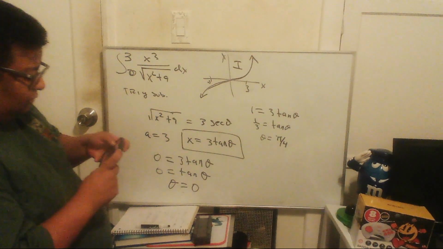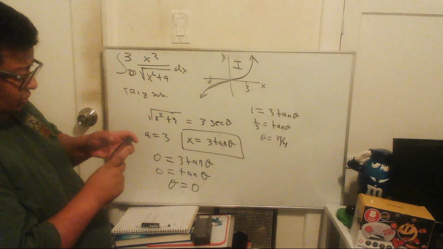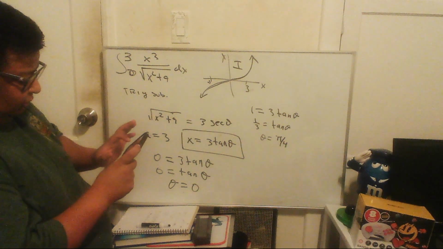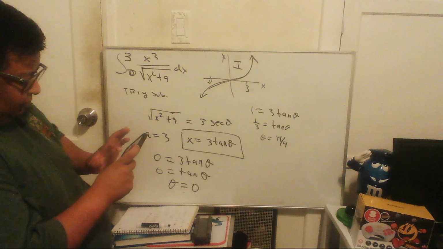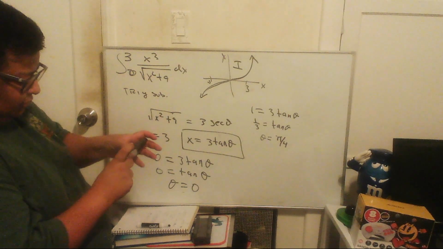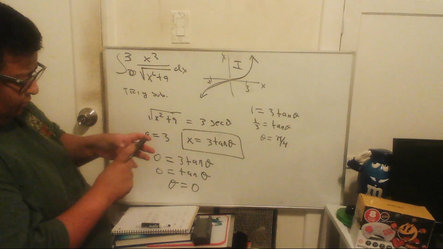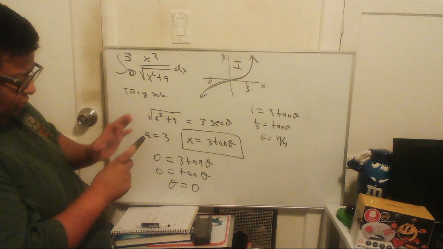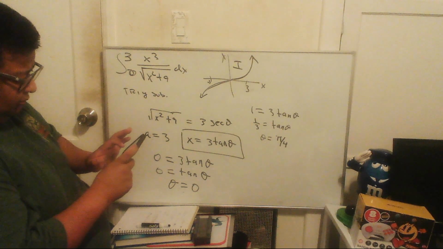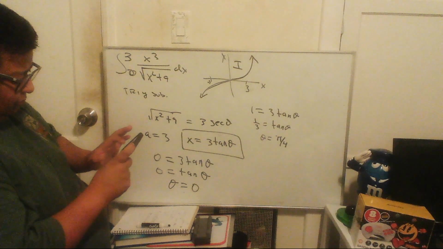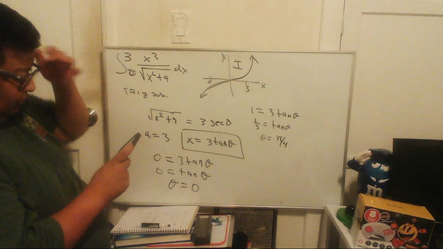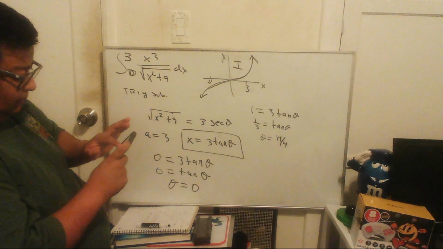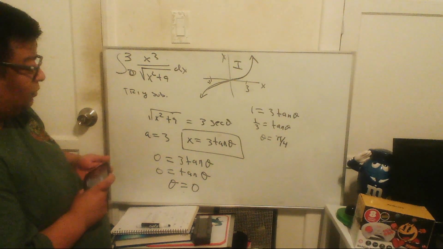Let's see now this one. Pi divided by 4, now we take the tangent, 0.02.